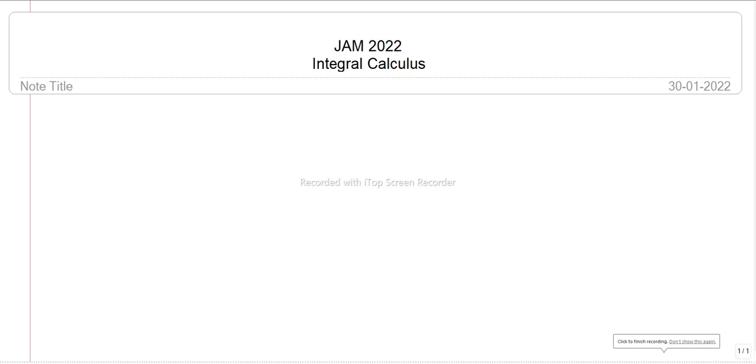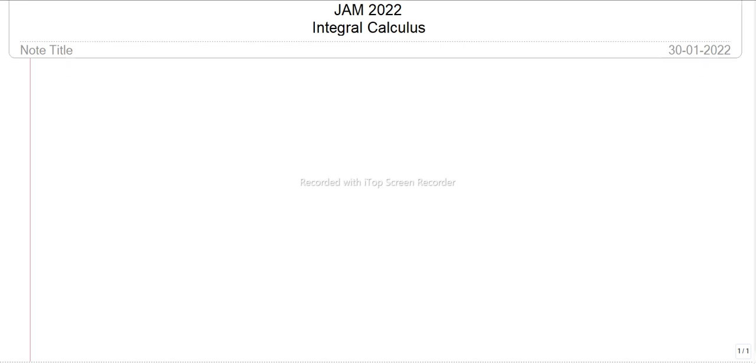To discuss some more functions, that is divergence and curl of a vector point function. Okay, so divergence and curl of a vector point function.